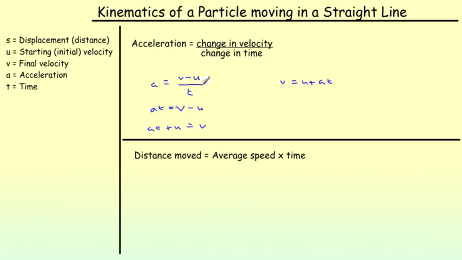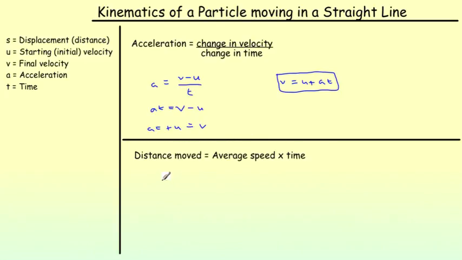So of course any of these rearrangements are fine to use, but this is the most common one that you're going to see. So V, our final velocity, is equal to U, our initial velocity, plus our acceleration multiplied by our time. V is equal to U plus AT. That's our first SUVAT equation.